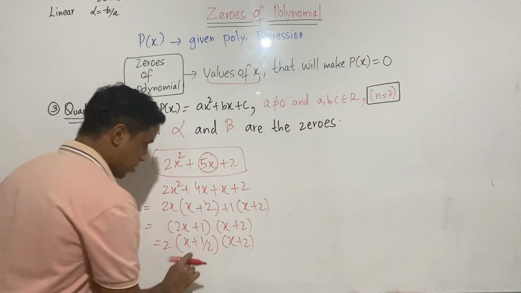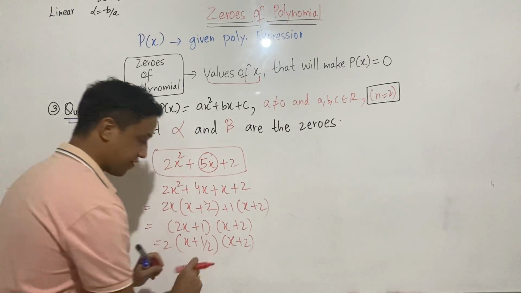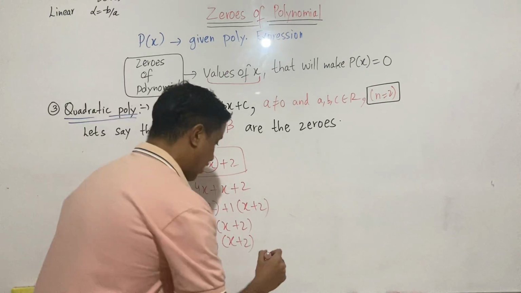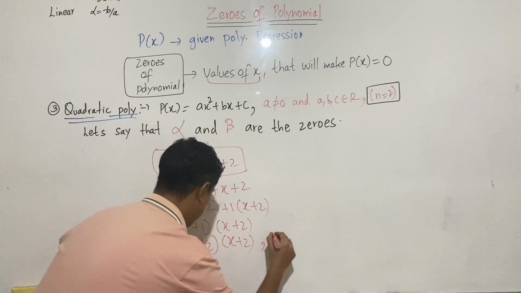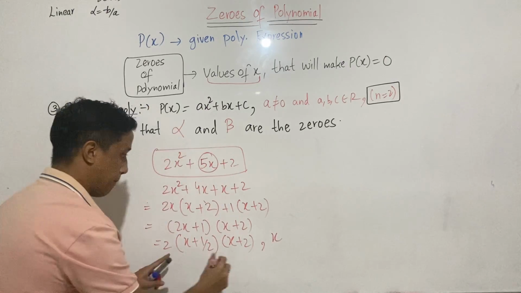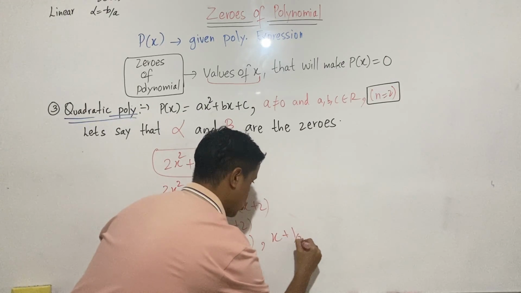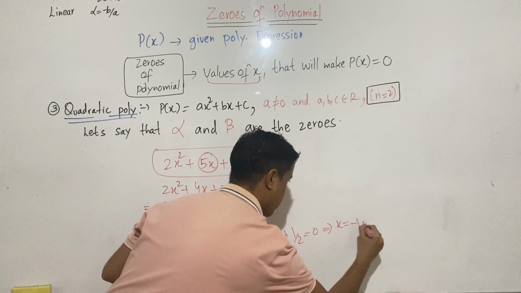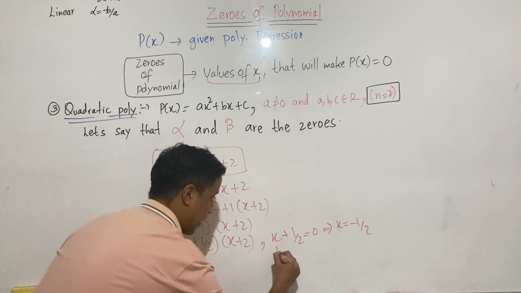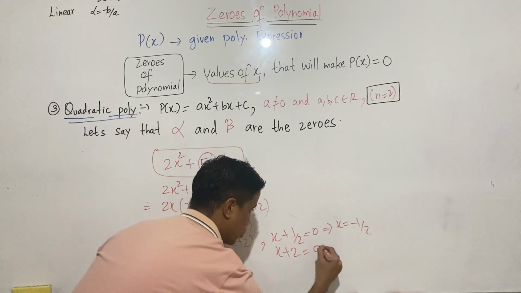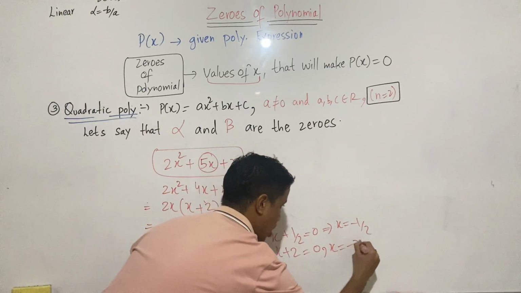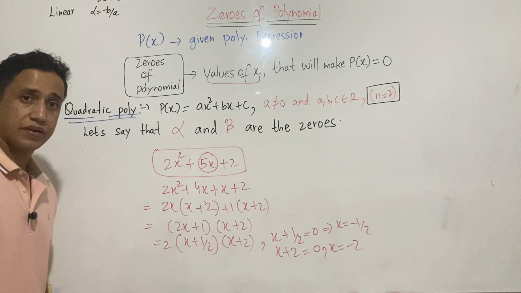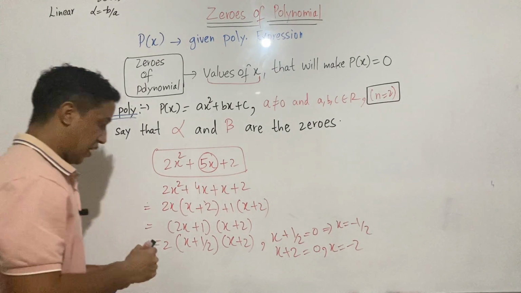Now see here, if I have to find the values of x, then x plus 1 by 2 equal to 0, which means x is minus 1 by 2, and x plus 2 equal to 0, which means x is minus 2, right?